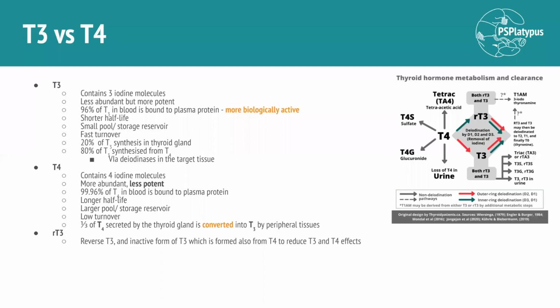So now that we have T3 and T4, what is the difference between the two? You can think of T4 as being a less potent version of T3, but it has a longer half-life.